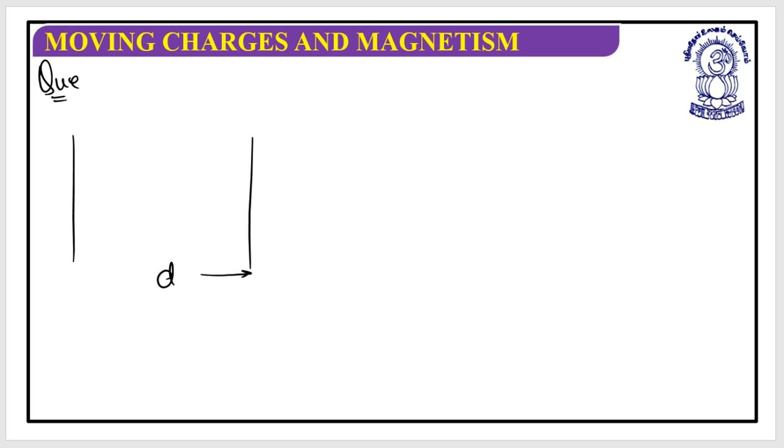Suppose at a distance d there is a wall, and within this region a magnetic field B has been arranged.